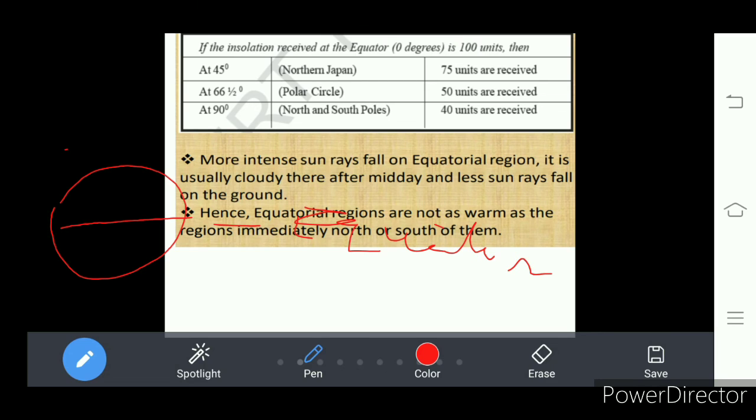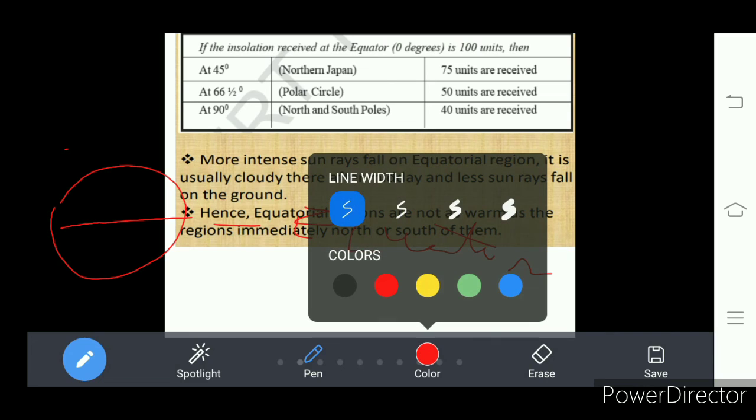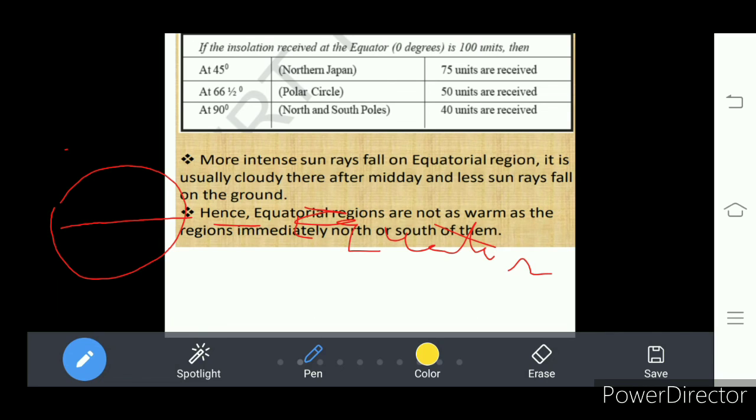Okay, and another one I am showing with yellow color. This is the tropical region. Okay, you know the pressure belts which are shown, right? So this is a tropical region. Which region? Tropical.